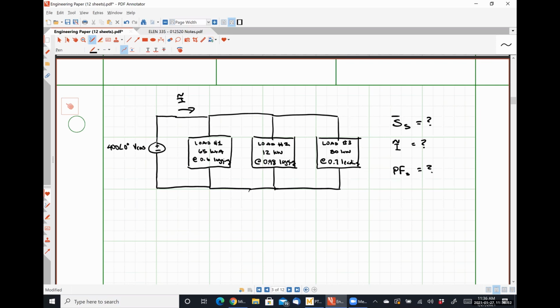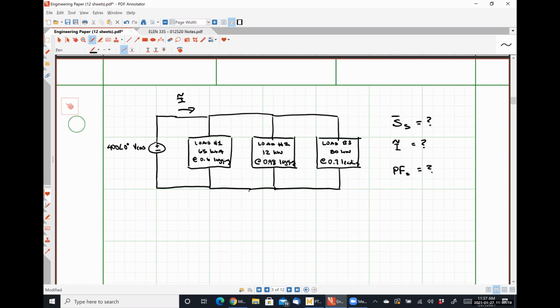For load number 2, we have 12 kilowatts. 12 kilowatts represents average, reactive, or apparent power. Average power. And we're also told the power factor, so this should be enough information for us to calculate the complex power absorbed by load 2. And for load 3, we have similar information to load number 2. So we can calculate the total complex power absorbed by these 3 loads.